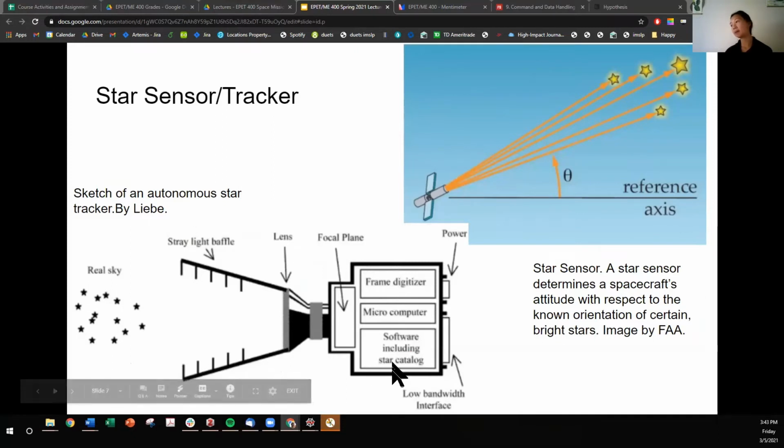Here is the anatomy of a sample star tracker, where the real sky up here, where there are stars that you're trying to observe, there's usually some kind of baffle where you want to protect the electronics inside from getting too much light. So any kind of noise that comes from diffraction or scattering can get reflected into this baffle, these edges, and get reflected back out. So you get a clean signal in.